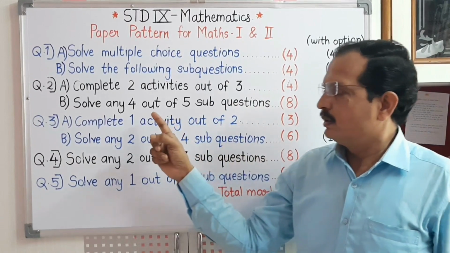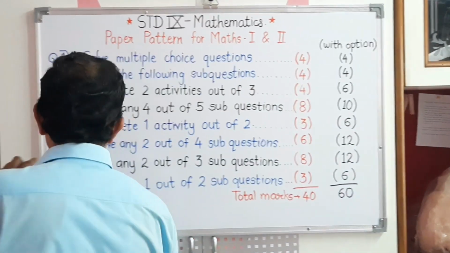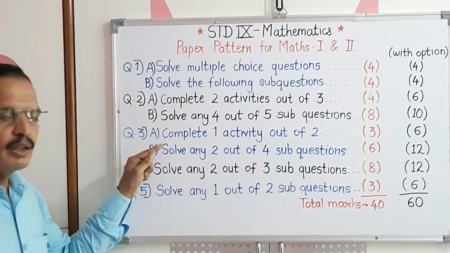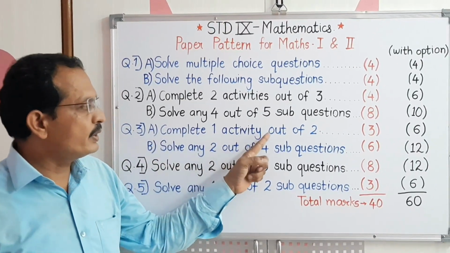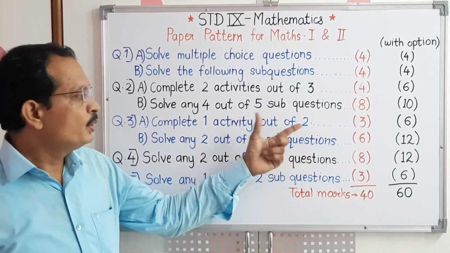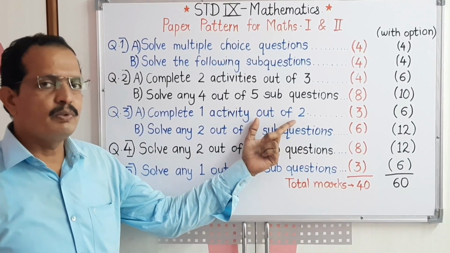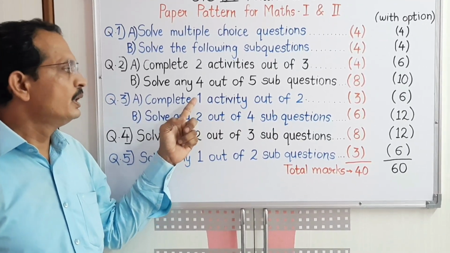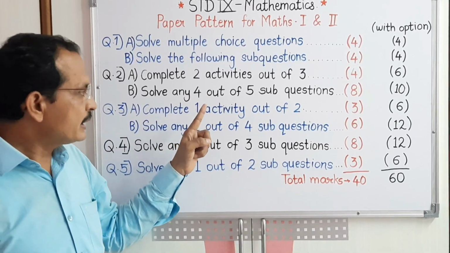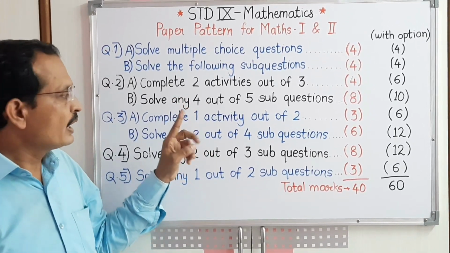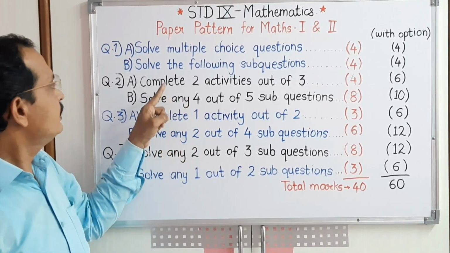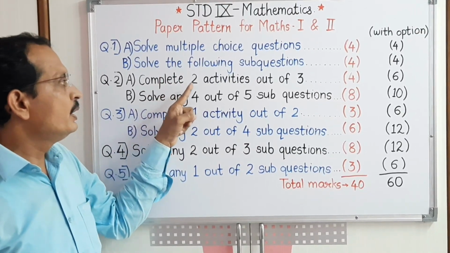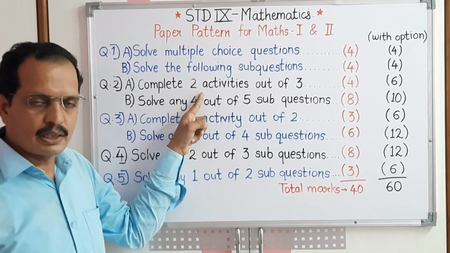Then, dear students, question number 3A is there. Complete 1 activity out of 2. 2 activities will be given and from those we have to solve 1 activity. Each activity carries 3 marks. As we see in question number 2A, activities are also given here.